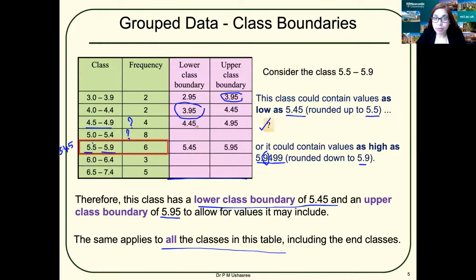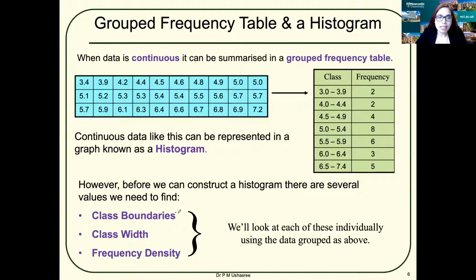It is 4.45 and 4.95. And for the next, 4.95 and 5.45. Very good. What about this class? 5.95 and 6.45, then 6.45 and 7.45. So that is how you create your lower class boundary and upper class boundary. We have seen what a class boundary is.